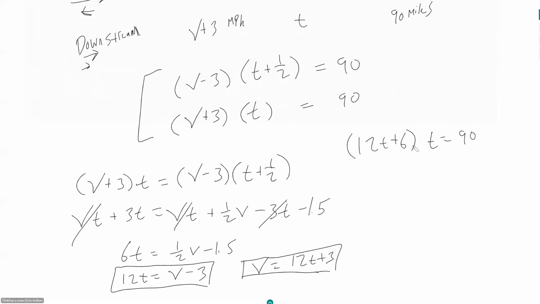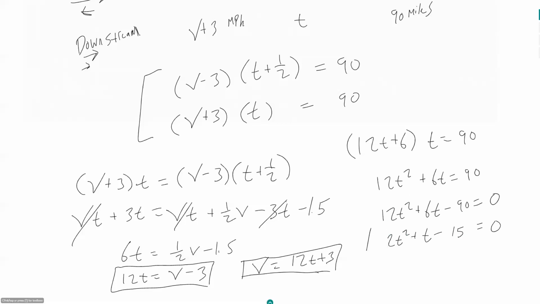And so this will give us a quadratic: 12t squared plus 6t is equal to 90. And we can subtract 90 from each side to set this equal to 0. I should be able to divide this whole thing by 6. I'll divide each side of my equation by 6. So my right side is still 0. Then I get 2t squared plus t minus 15 is equal to 0.